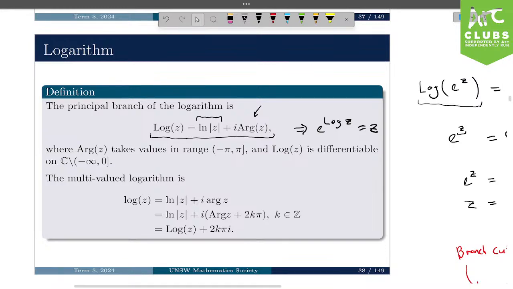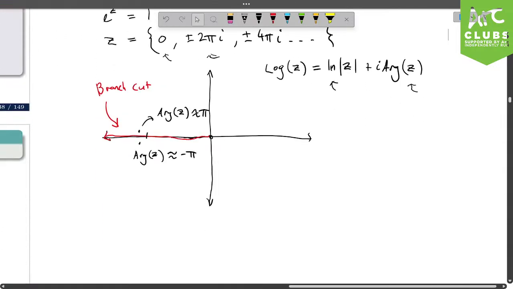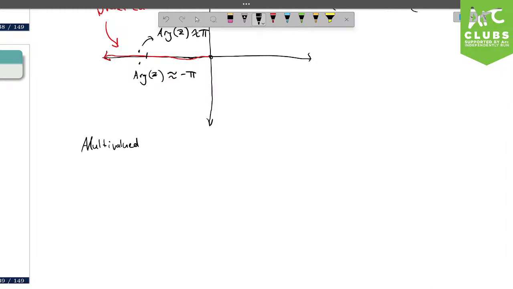This is the function that takes as input a complex number and returns the set of numbers that satisfy the exponential equation that you're trying to solve.